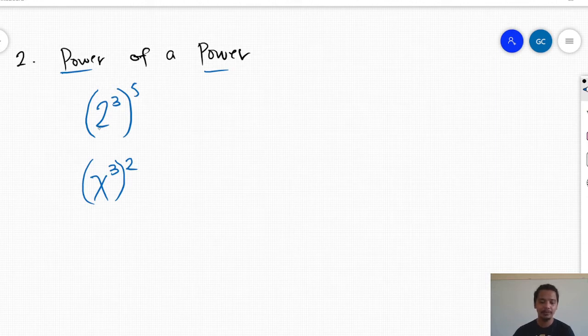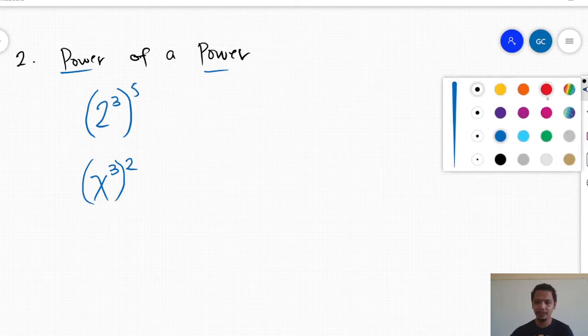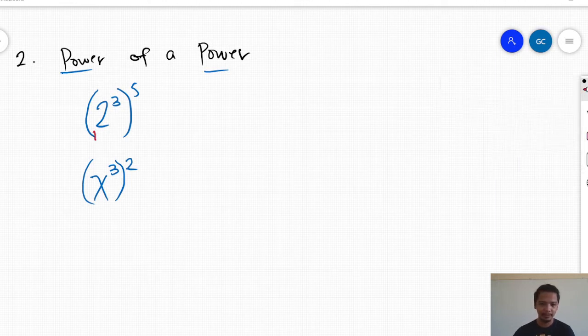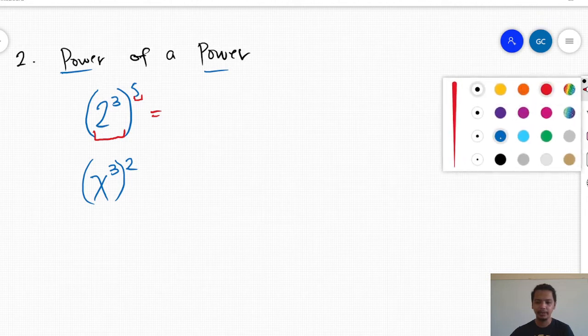Meaning to say, kung iti-treat natin yung buong 2 raised to 3 as isang number at naka-raise siya sa 5, i-multiply lang natin yung 2 raised to 3 sa sarili niya ng 5 beses. Bakit 5 beses? Kasi we have there 5.